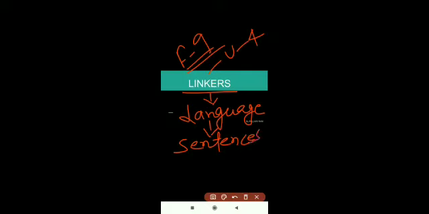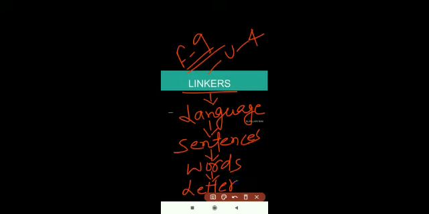One thing you have to remember, we are not describing these things, only we are trying to understand the simple concept. Okay, so language is made up of sentences, and sentences are made up of words, and words are made up of letters.